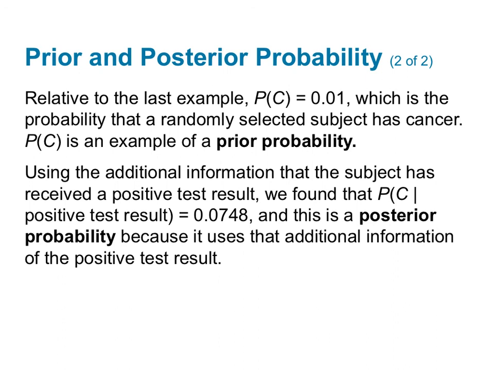Relative to the last example, the probability of having cancer being 0.01, which is the probability that a randomly selected subject has cancer, would be what we would call a prior probability. Then, using the additional information that the subject received a positive test result, we found that the probability of cancer given the positive test result was 0.0748. That would be our posterior probability because it used the additional information of the positive test result.